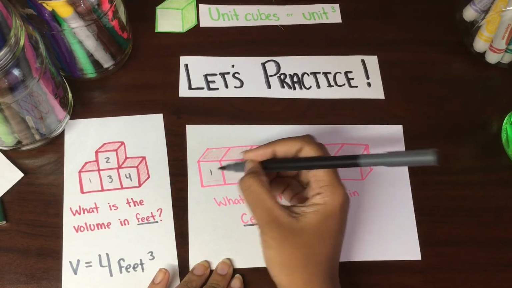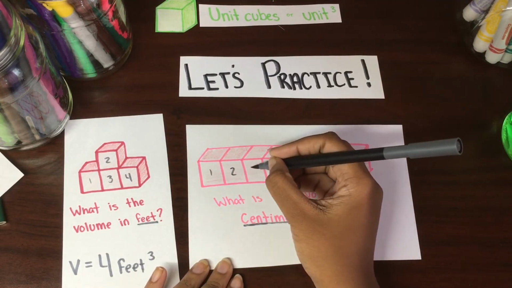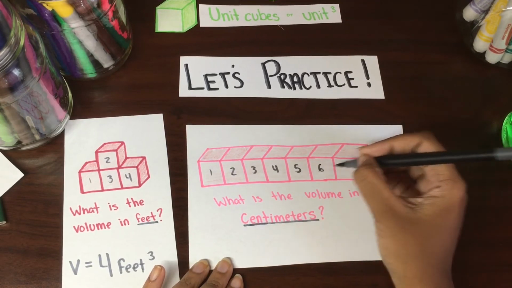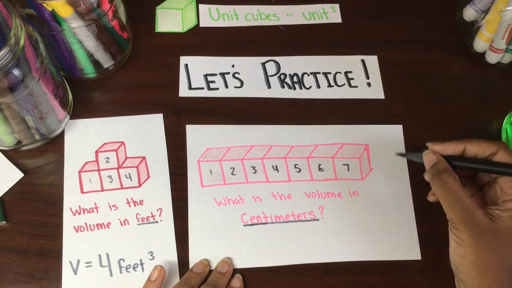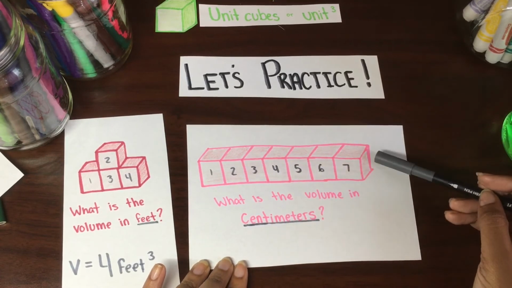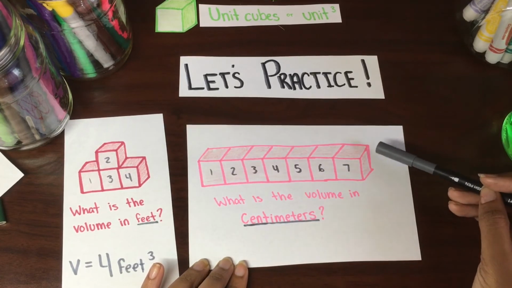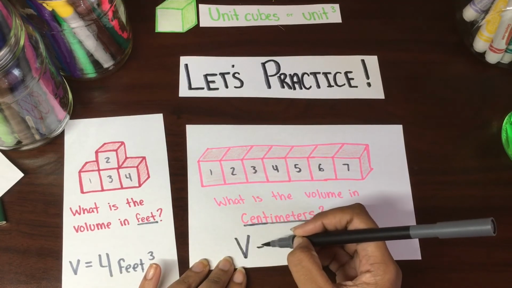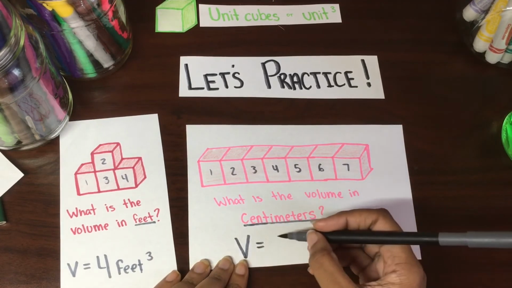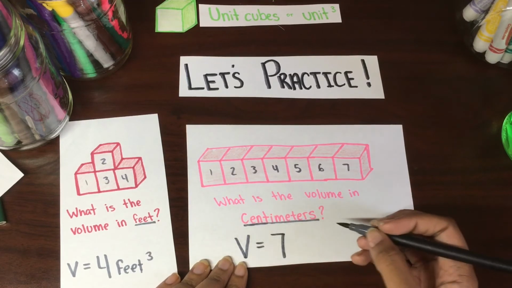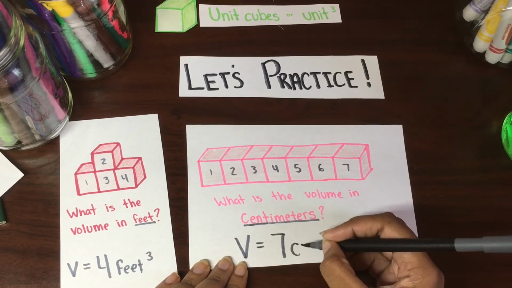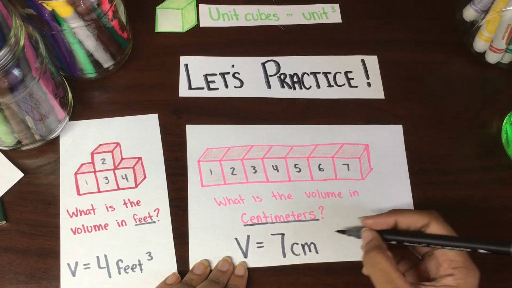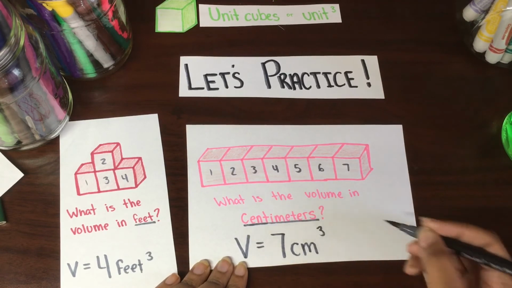So we have 1, 2, 3, 4, 5, 6, 7. And as we can see in this one as well, there's no second row of cubes behind this. So, what is our volume? Our volume is 7 centimeters. As we know, cm is short for centimeters, as we just said, and cubed.